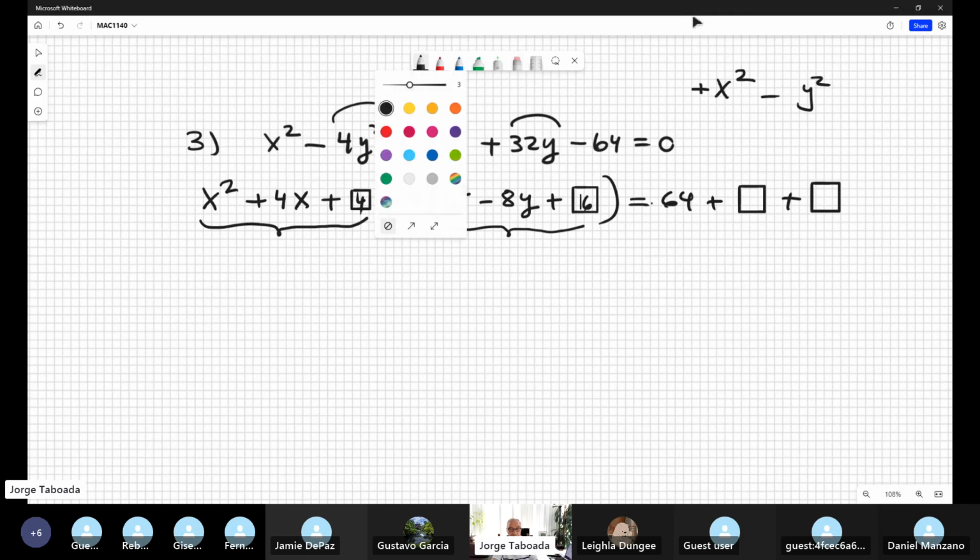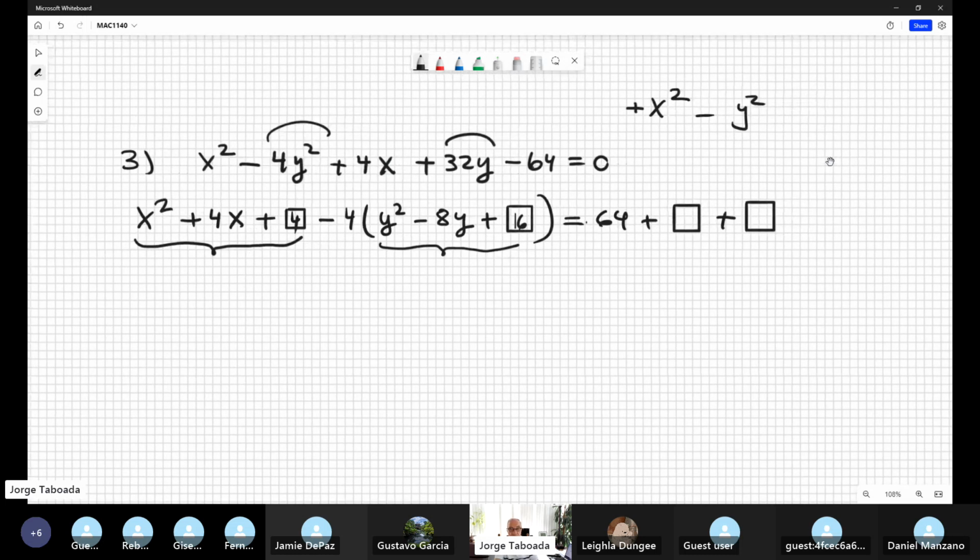Now, in order to make this expression equivalent to the original, obviously you add 64 and 4. So that 4 you put on the left hand side, you put on the right hand side, 4. And now minus 64. Why minus?